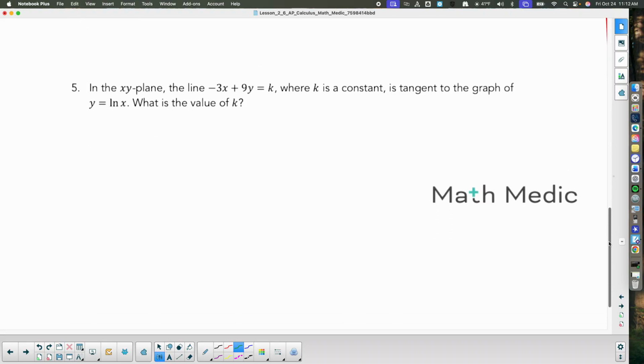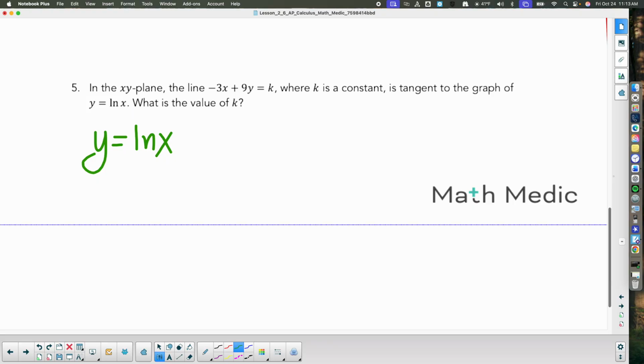Okay, so first thing I would do is I would start with the fact that the original function and this line are going to share an x and a y value. So they would be equal, the height would be equal at some x value. So I would start off by making the two things equal.